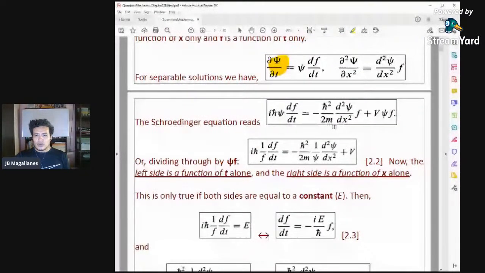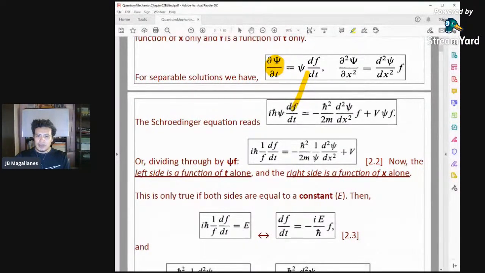Going back to the Schrodinger equation, we substitute these expressions.